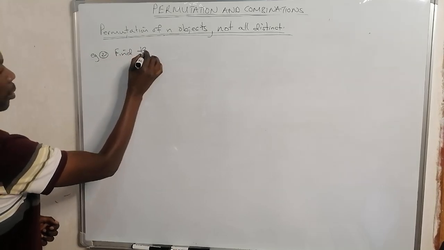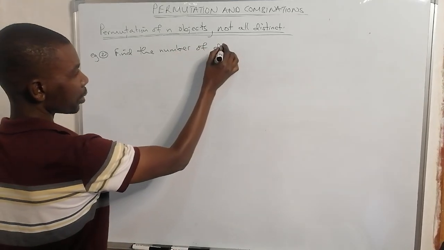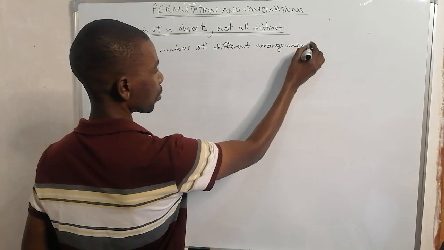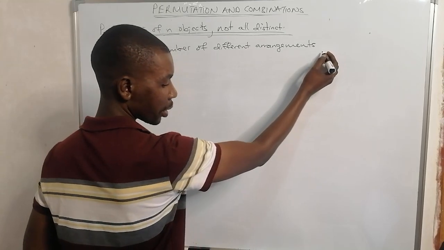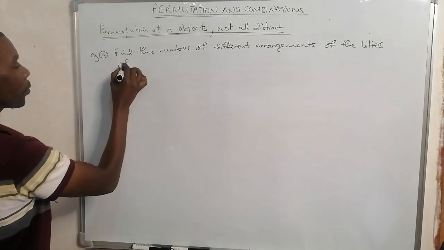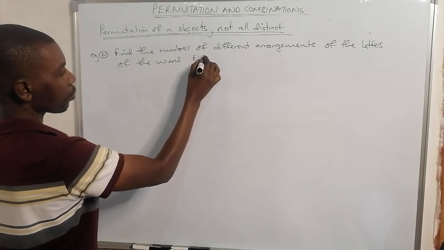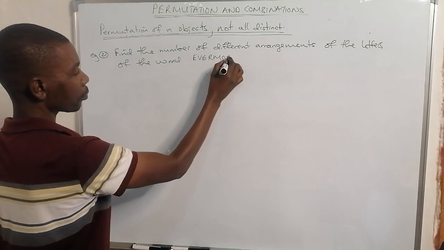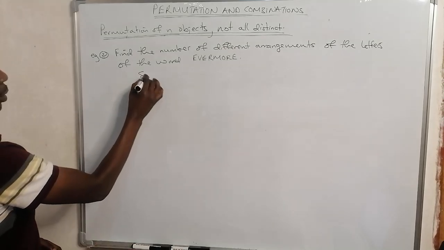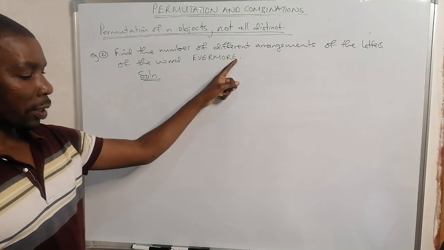Find the number of different arrangements of the letters of the word evermore. In this word we can see we have how many letters? We have 1 2 3 4 5 6 7 8. We have 8 letters.